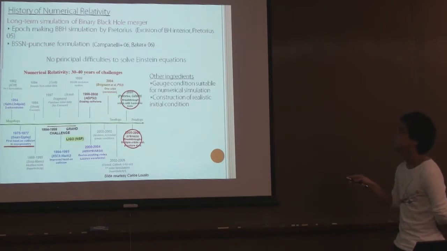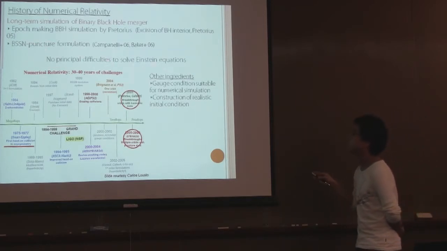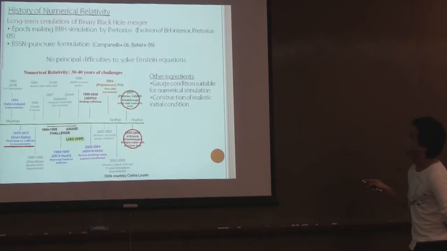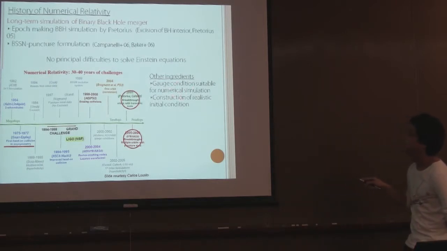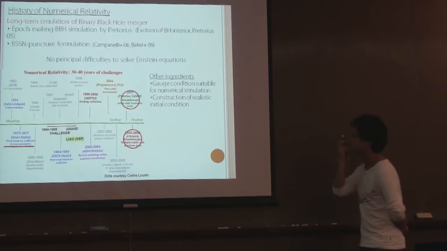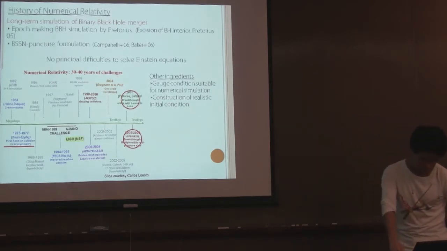And there are no principal difficulties to solve the Einstein equations. Note that the development of gauge conditions, which are suitable for numerical simulations, and the construction of realistic initial conditions are important ingredients as well.